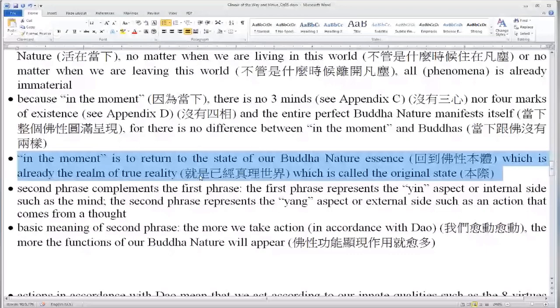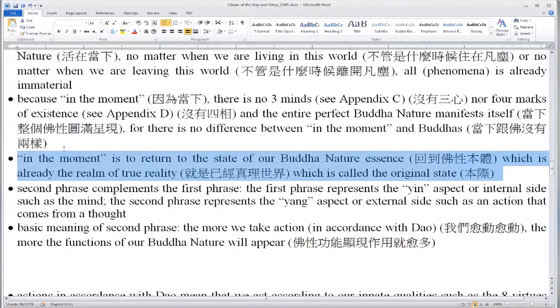Spiritually, we have to be in the moment, in that state. That means you are at one with your Buddha nature. Even though you're still part of this physical space and time, you're in it and part of it, but you're not bound, tied down by it.